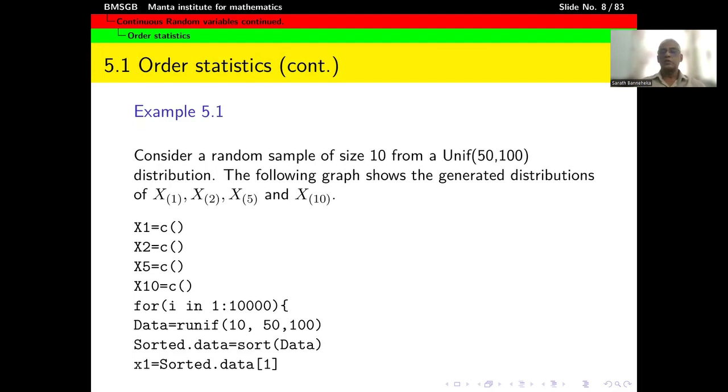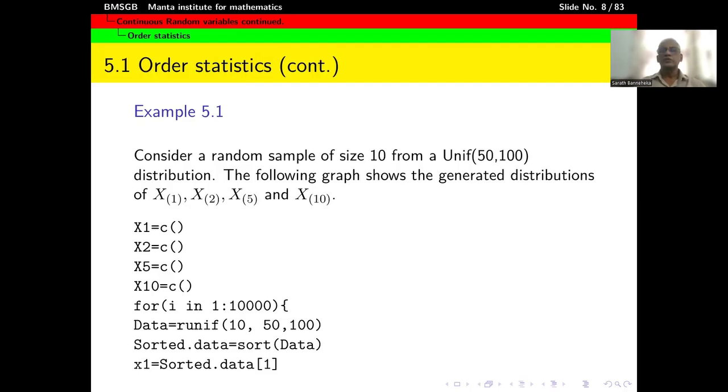Sampling distributions. In the last class I mentioned, if I remember correctly, whenever you talk about the distribution of some statistic, again to remind you, a statistic is a known function of observable random variables, you usually call it the sampling distribution. Sampling distribution of the sample mean, because the sample mean is a statistic.